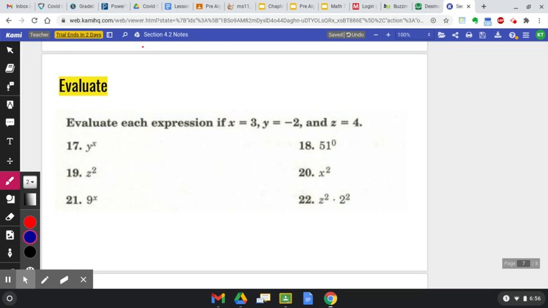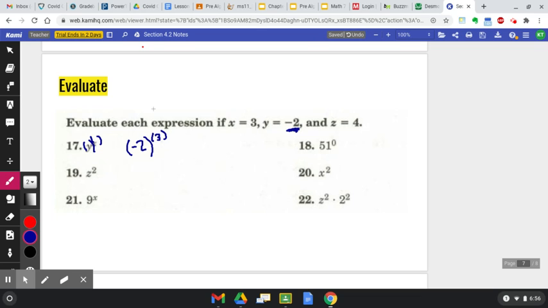And again, when we evaluate, when we're plugging in values, it's going to be very important to use parentheses, especially when we have this negative here that we could be inserting. So number 17, I have this y raised to the x power. So I'm going to insert y, which is negative 2, raised to the value of x, which is 3.